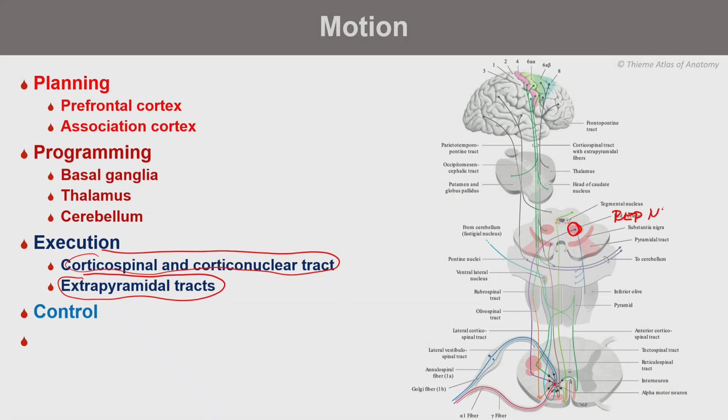localized in the mesencephalon, and then also important are nuclei localized in the oblongata, typically the olivary system, and then also the colliculi, which are the tectum.